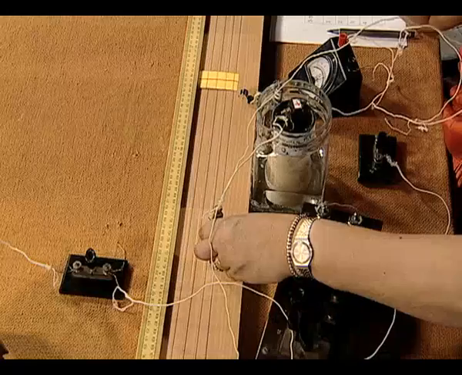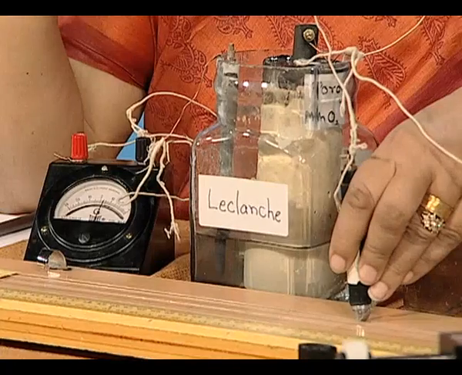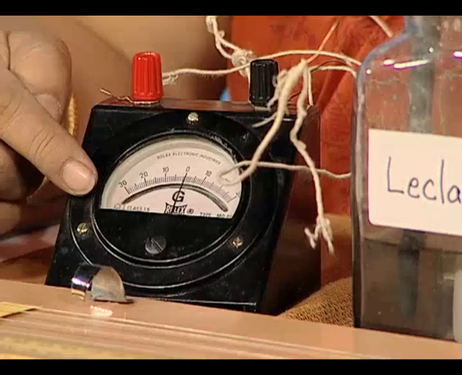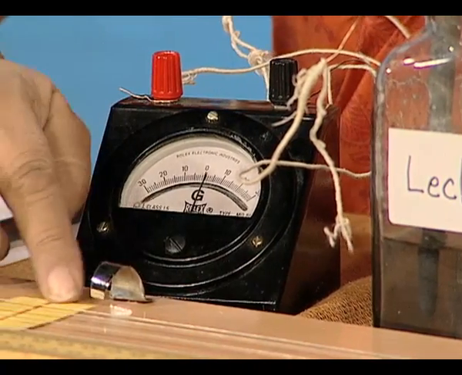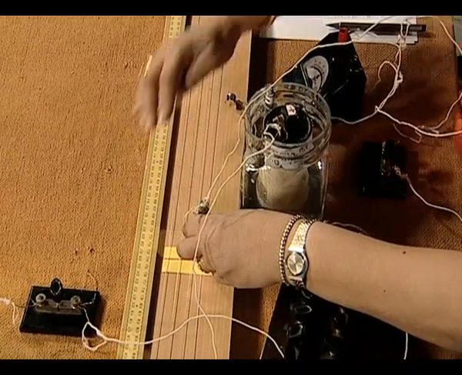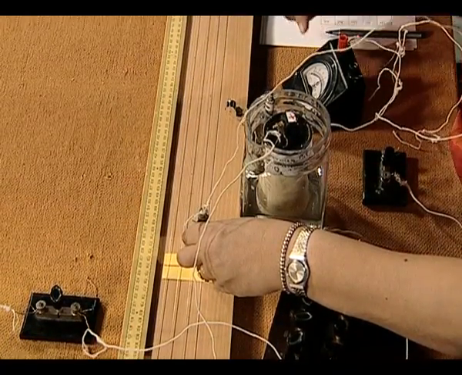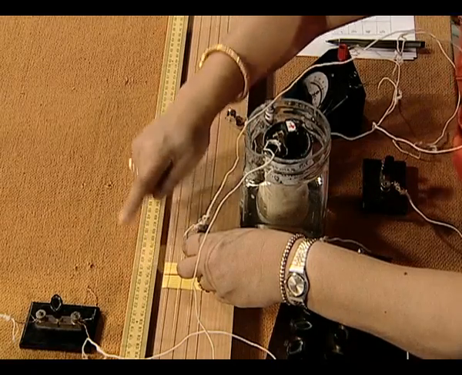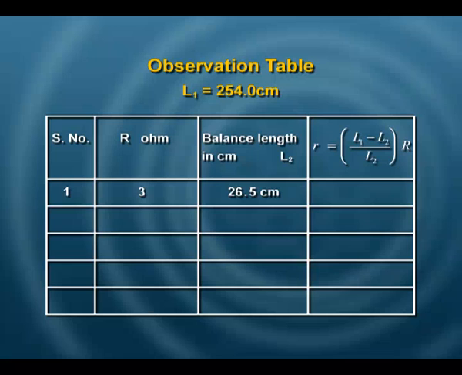So, watch, you look for the balance length, and this balance length is obtained here, 0 deflection, and this length I will need to record as L2, and it is on the first wire. So, its value is only 26.5. So, the balance length L2 is 26.5 for a resistance of 3 ohms.